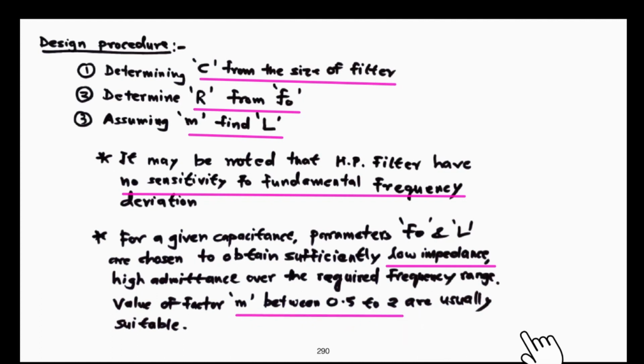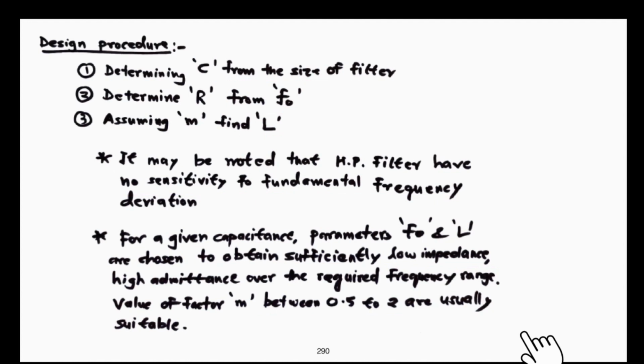So earlier I specified 0.5 to 5, but for the purpose of calculations, generally we assume the value of M in the range of 0.5 to 2. Usually a value of 1.5 or 2 is assumed for calculation purposes, or if some example is asked, you can assume M to be equal to 2, right? So this is the idea, and this is the design for the high pass filter.